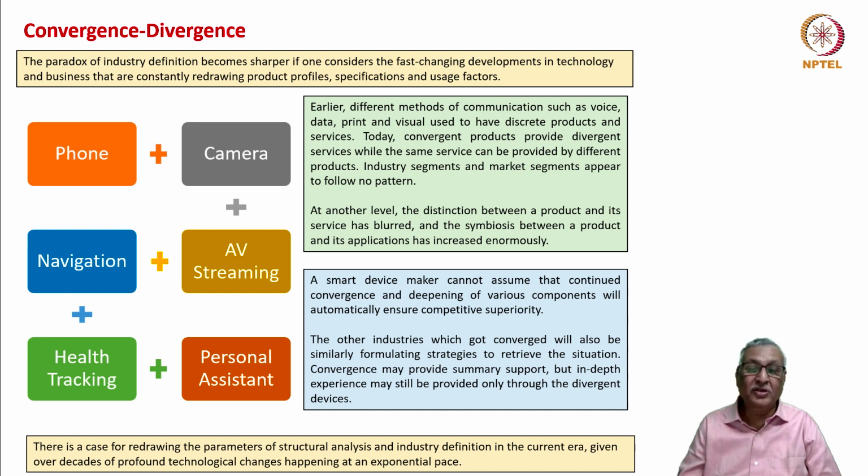Therefore, a smart device maker can no longer assume that continued convergence and deepening of various components will automatically ensure competitive superiority. We need a different set of functionalities to be defined in a creative way to keep this growth momentum moving. The other industries which got converged will also be similarly formulating strategies to retrieve the situation.